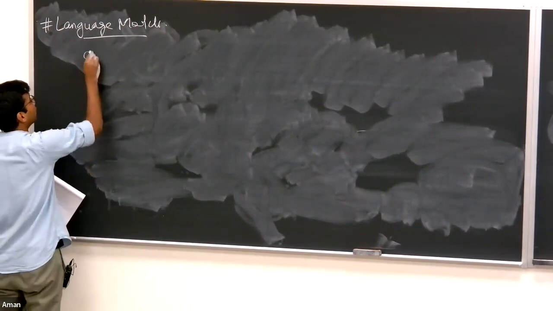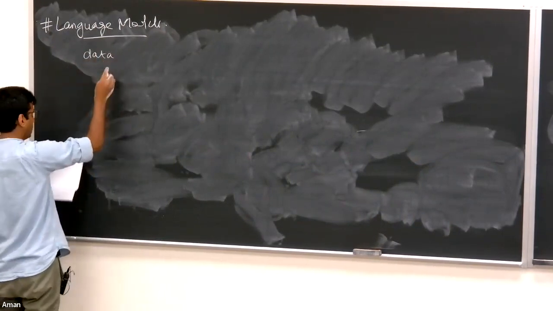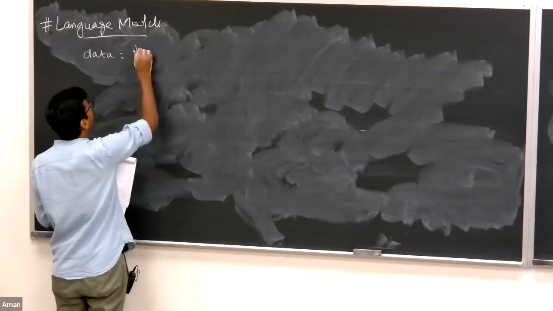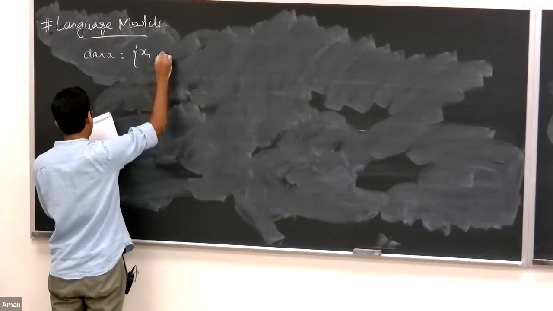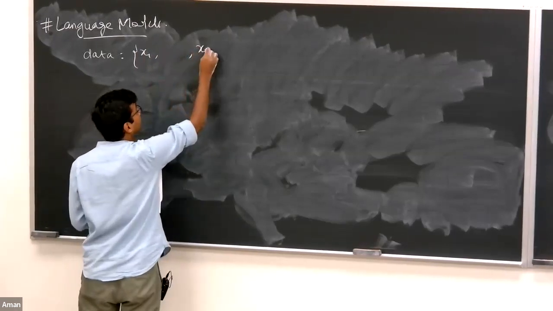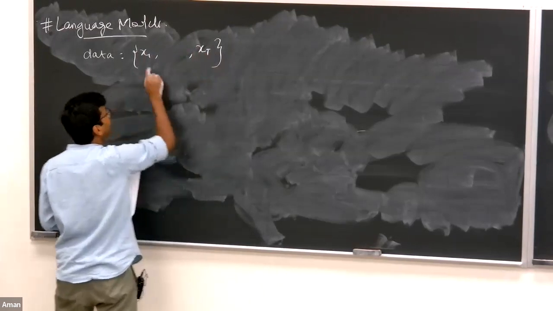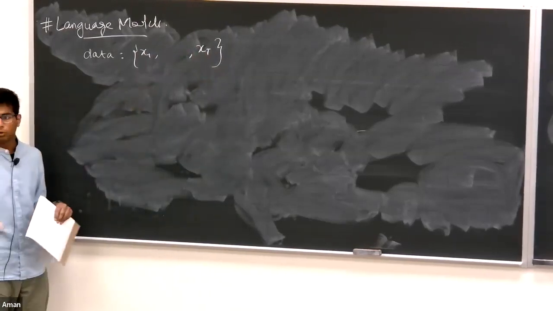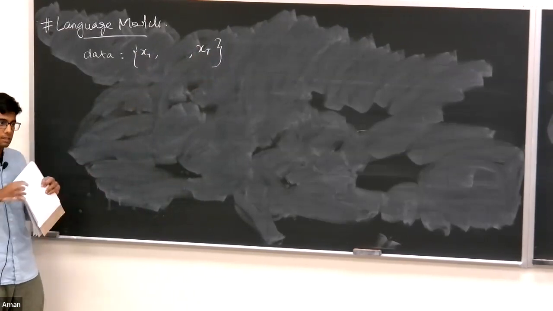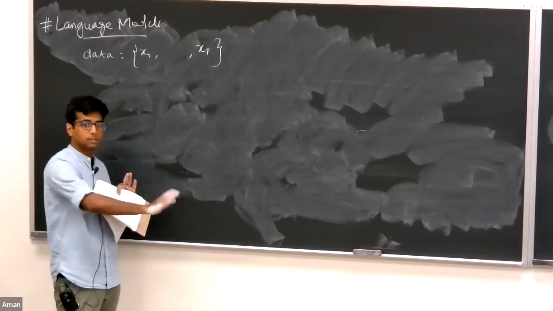Okay, so for language models, the data that we have, let's say, is of this format. You have x1, which is a token, dot dot dot, up to x capital T. And let's say that each token here is just a word. So you have a large amount of text concatenated together in one string.